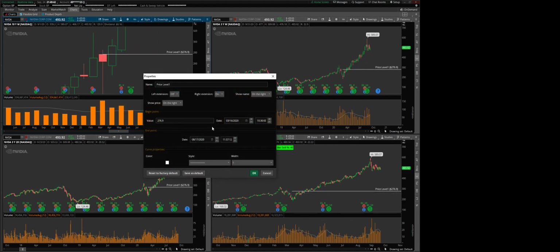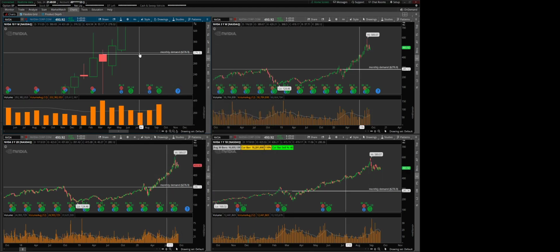Since we're so far away from this level, I'm not even going to make the green zone for it because it's probably not going to be a while until we hit it. So monthly demand, show name on right, left extension off, color white or whatever you prefer, and save it as default. So monthly demand, set your alert.